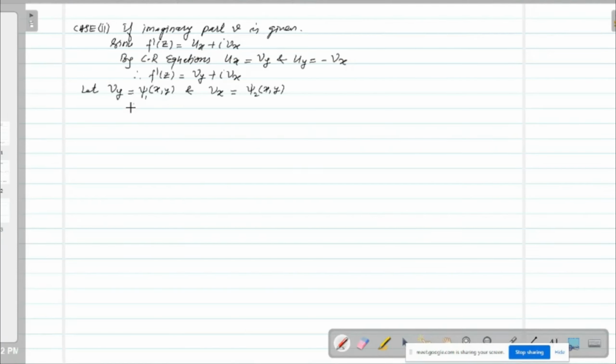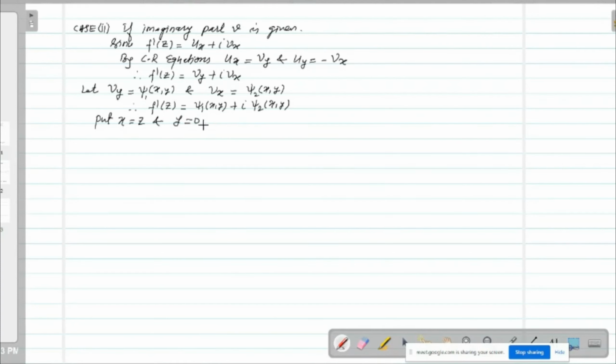Therefore f dash of z is equal to, instead of vy we put psi 1 of x comma y, plus i times, instead of vx we put psi 2 of x comma y. So we put x equal to z and y equal to 0.